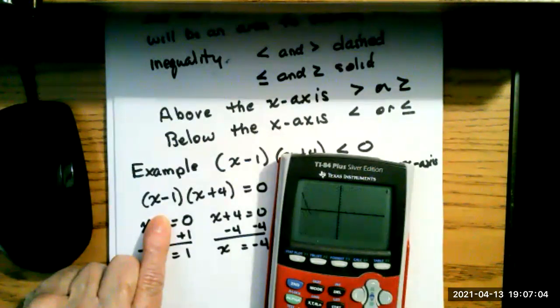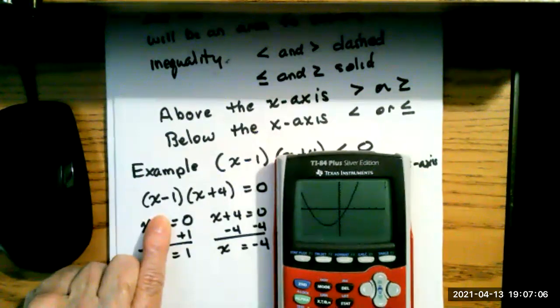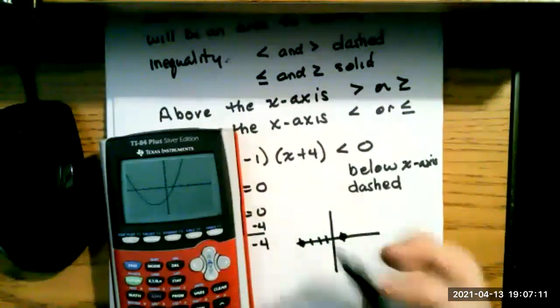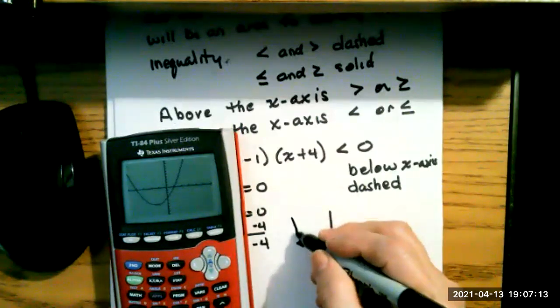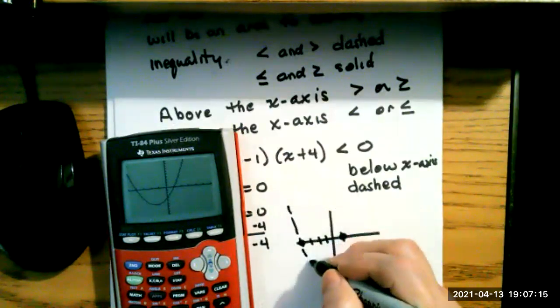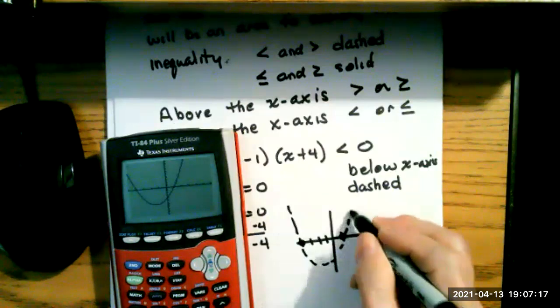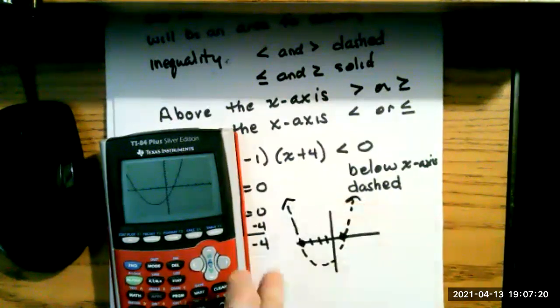We graph it just like that. I don't have to do anything. And you can see it's a little parabola that goes down. And I'm going to sketch the graph. Oh, I want it dashed. I always forget to make these dashed on these parabolas for some reason.